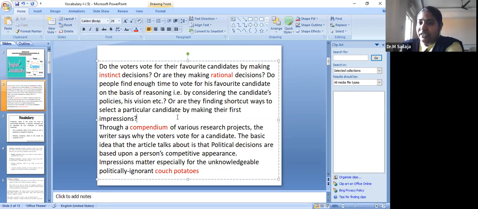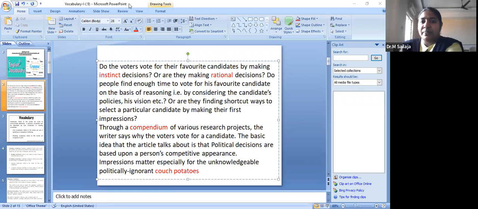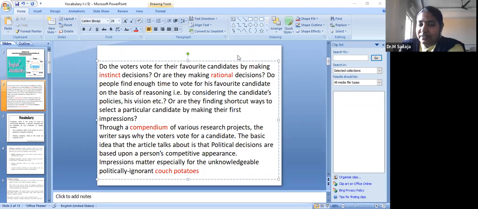Is it difficult or easy? Guys, I'm asking you, except these four highlighted words, are you able to understand the remaining words and their meaning, their sense in the passage?